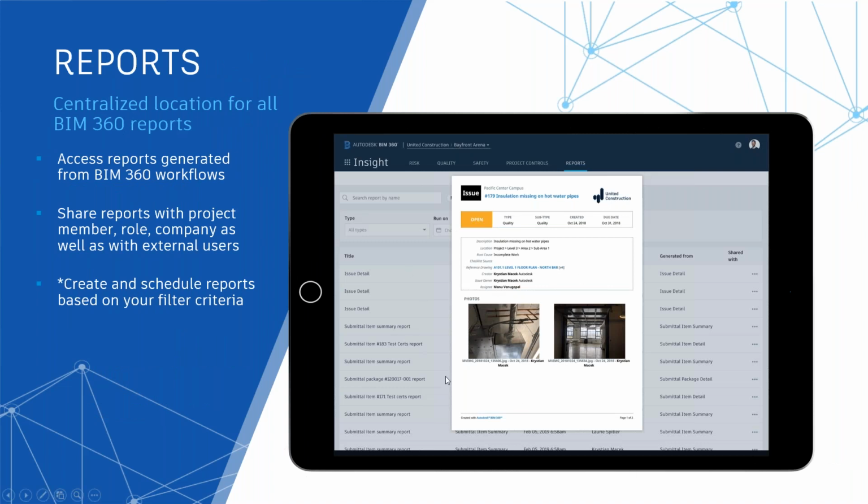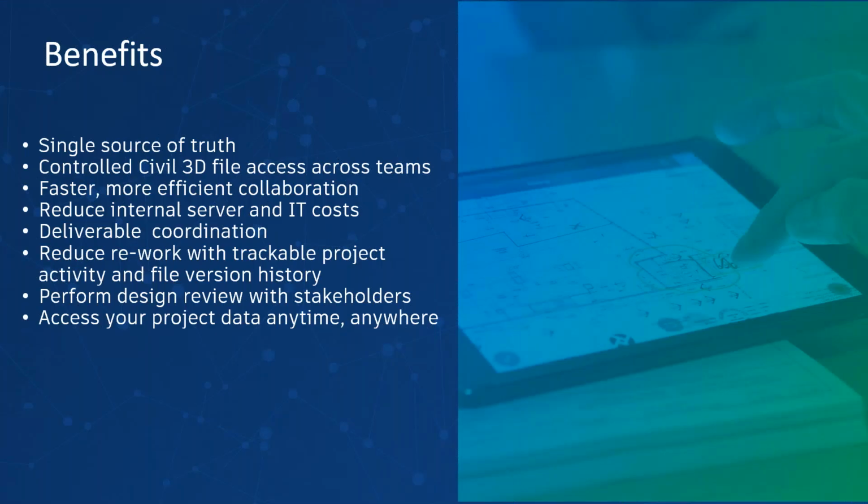The next piece is creation of reports, which could also be done directly from BIM 360, and these reports could be scheduled. To summarize the last piece of BIM 360, why should you use BIM 360 with Revit, Civil 3D, Plant 3D, or as a sole document management tool?